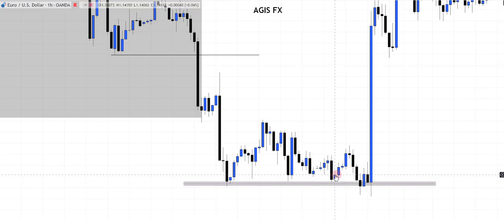This was a harami pattern, meaning price wants to push up. You can see we had a very nice strong bearish candle body and a small bullish body. So this is a harami pattern, though this is a double bottom, then we had the same thing here. It doesn't have to be the same thing anyway, you just need a candlestick formation, a bearish candle, a bullish candle signifying strength.